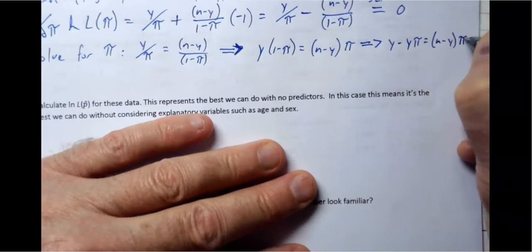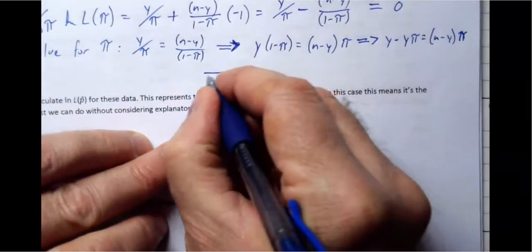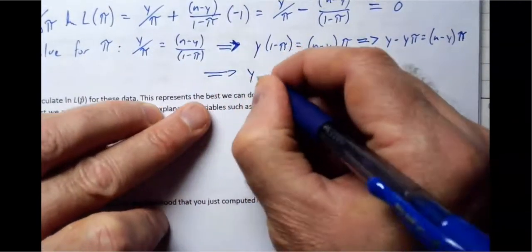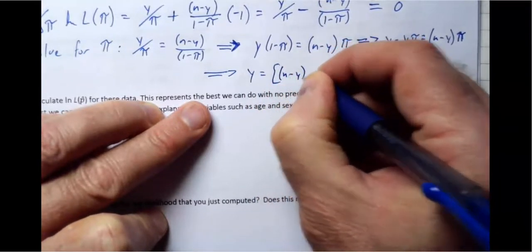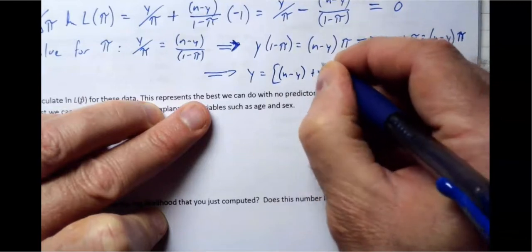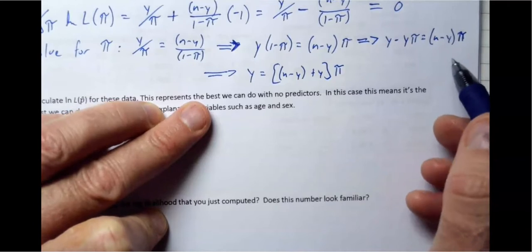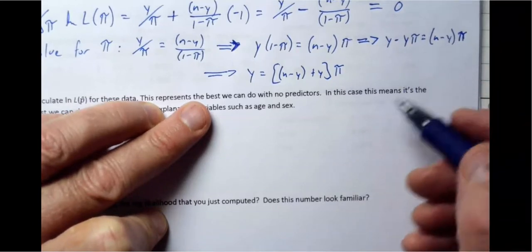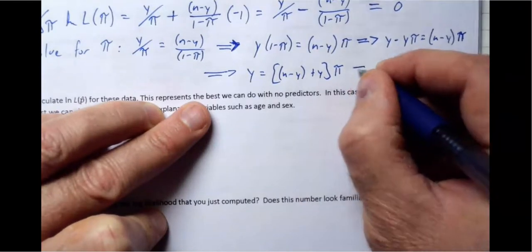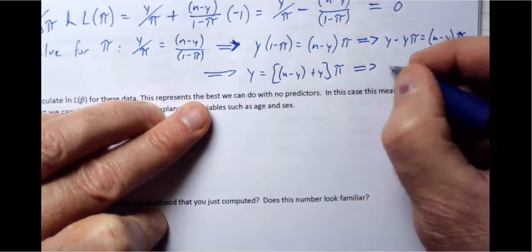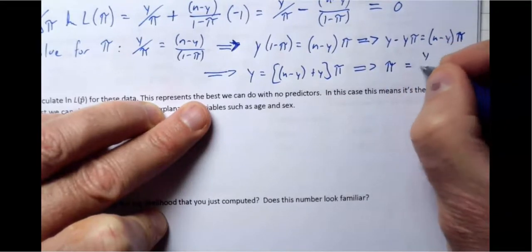I'm trying to solve for pi. So then I can say that y equals n minus y plus y times pi. I brought the pi's to the same side, which means that pi equals y over n.